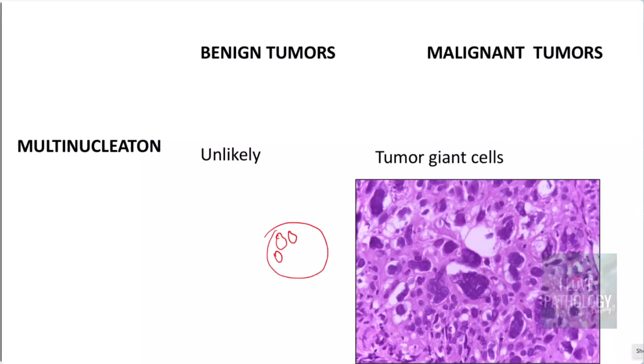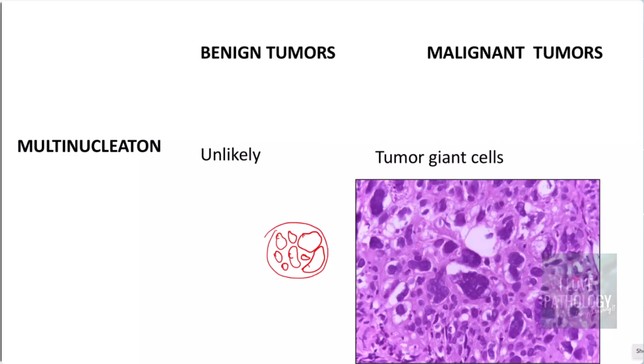And remember, all these nuclei in a tumor giant cell should be pleomorphic. They are grossly variable in size and shape. So that is why these are called tumor giant cells. Whereas if it is a histiocytic giant cell or a foreign body type of giant cell, the nuclei are not pleomorphic.